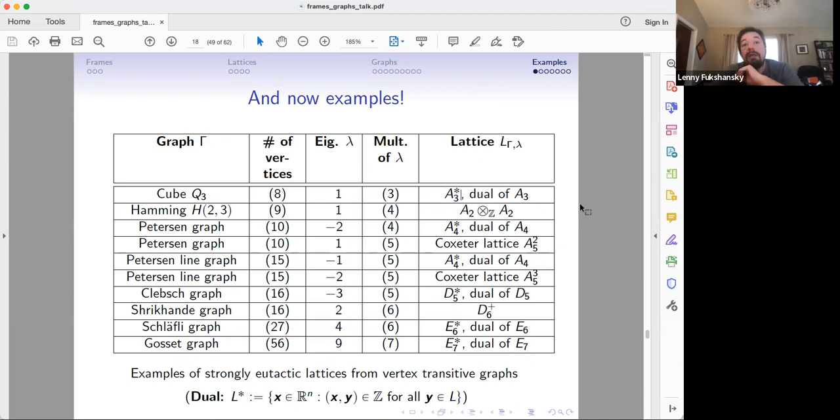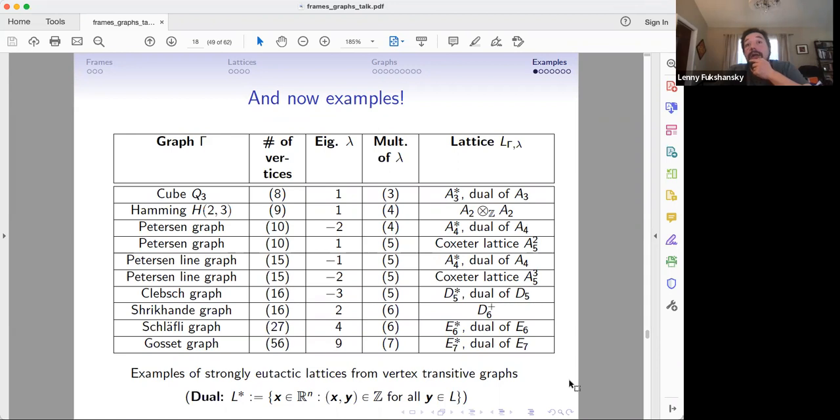It's the dual of A3. Remember A_n in general is the sublattice of Z to the n plus 1 which sits in the hyperplane orthogonal to the all-ones vector. The dual of a lattice is the set of all points in R^n such that the scalar product with all the vectors of the lattice are integers.